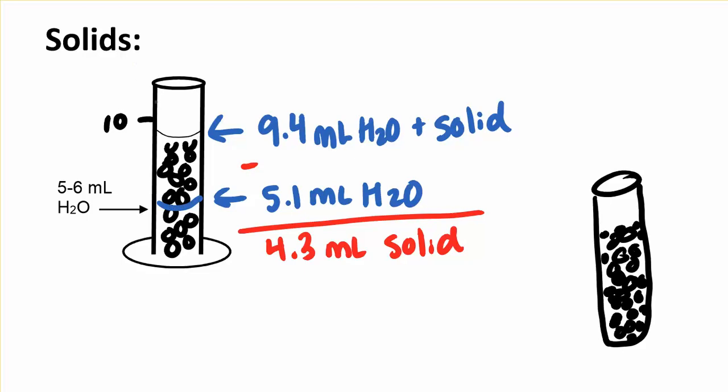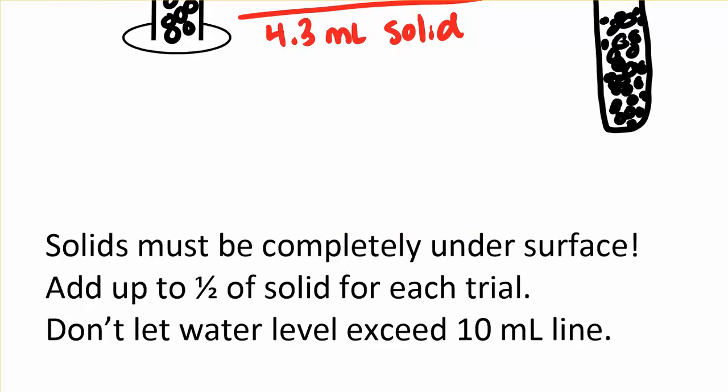If you let your liquid go up here, then when you go to read off the volume, you're not going to know what the volume is. So when you add your solid, you're making sure that all the solid stays under the liquid level, and you're also making sure your liquid level does not extend over the 10. Okay, so those are those 3 tips.